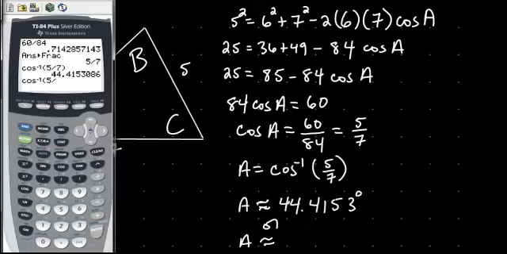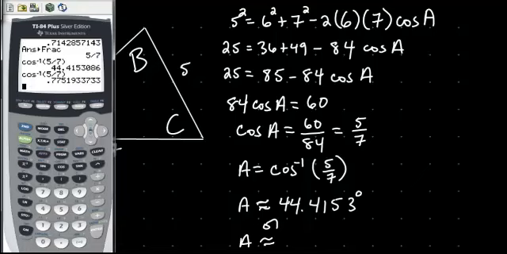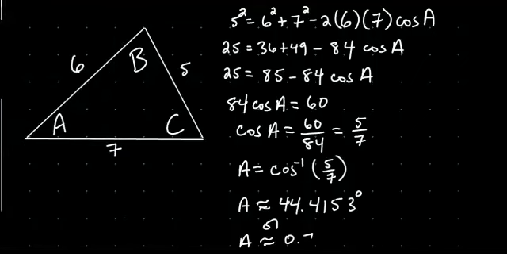It's going to give me about 0.7752 radians. Okay, so that gives me A. Let's stick with degrees for now. Let's say A is about equal to 44.4153 degrees. Okay, so that gives me A.